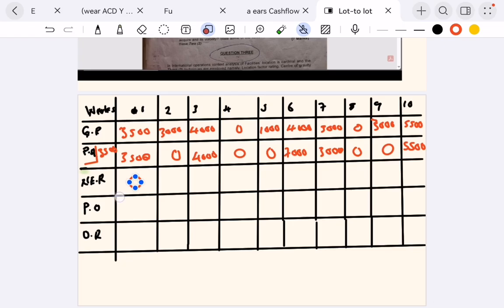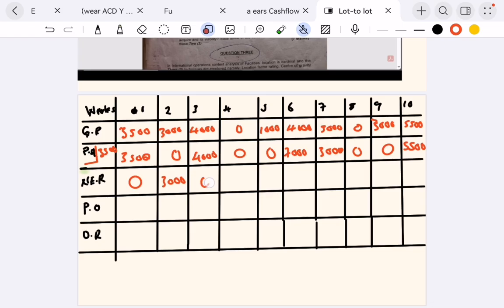Here we'll have 3,000, because what we need is 3,000, but we're projecting 0. Here in week 3, the projected is 4,000, what we need is 4,000, so there will be 0.